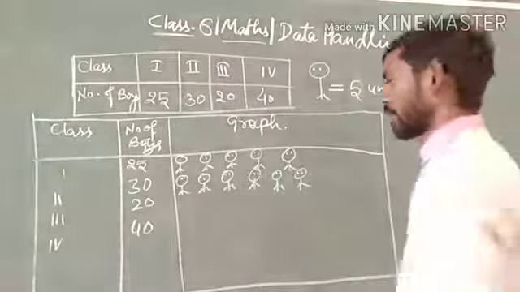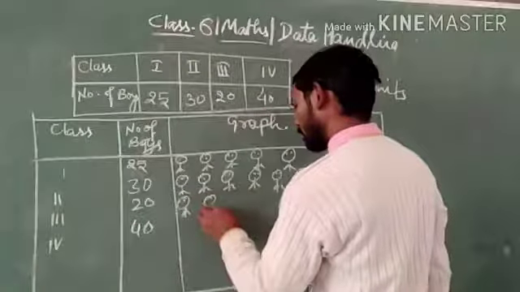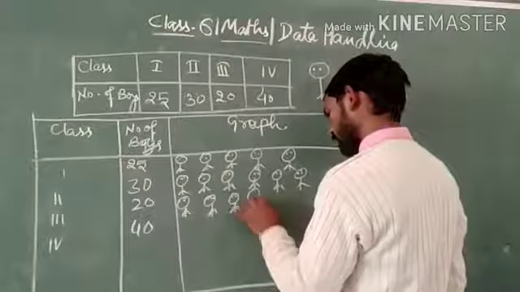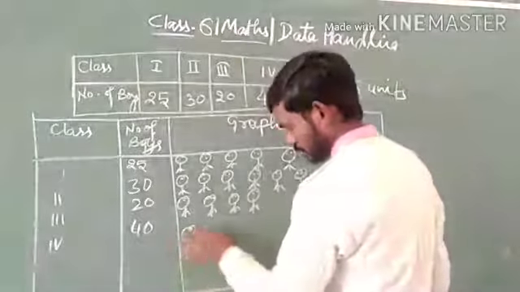Similarly for 20, we need only 4 figures. And for 40, we have 8 figures.